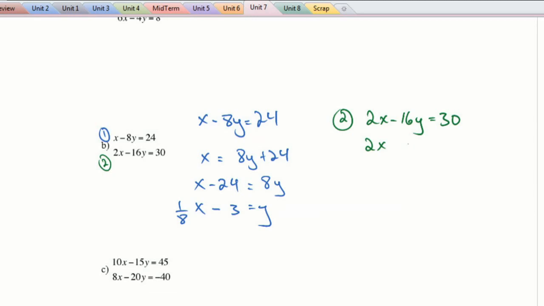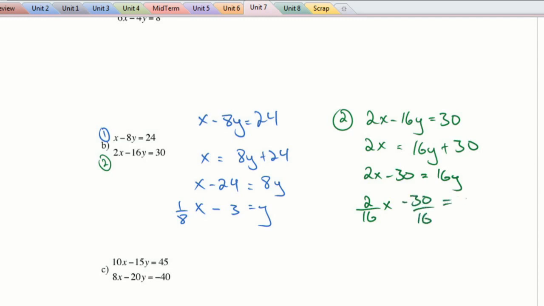I'll move the 16 to the other side, subtract 30, get ahead of myself, 2x minus 30 is equal to 16y, divide everything by 16, so I get 2 over 16x, 30 over 16 is y. 2 over 16 is the same thing as 1 over 8 x. 30 over 16, I don't know what that is, but I guess I could take out a 2, so I could get 15 over 8 is y.